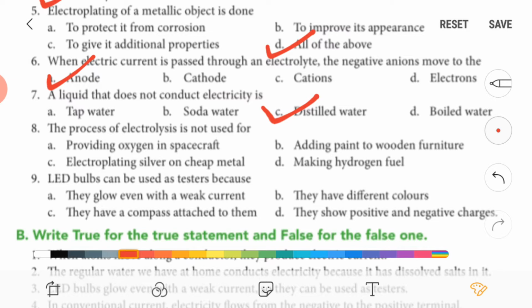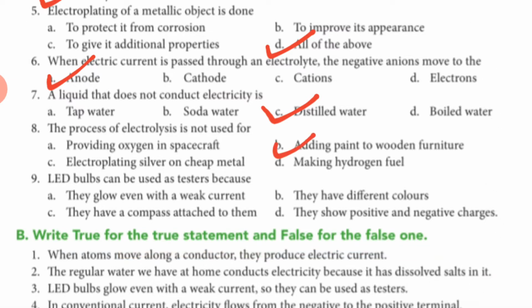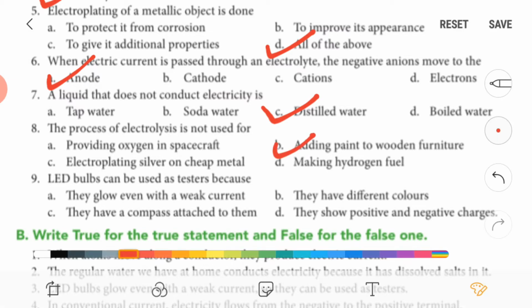Electroplating silver on cheap metal. That means A, C and D are where the electrolysis process is useful, but adding paint to wooden furniture, that means the answer is B, which is not using the electrolysis process.